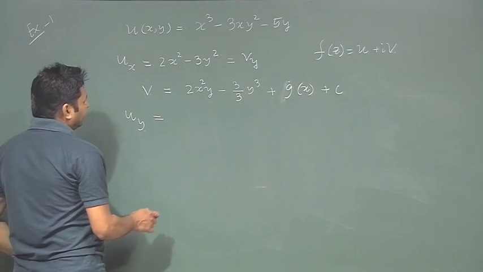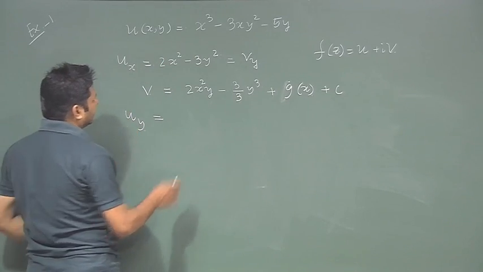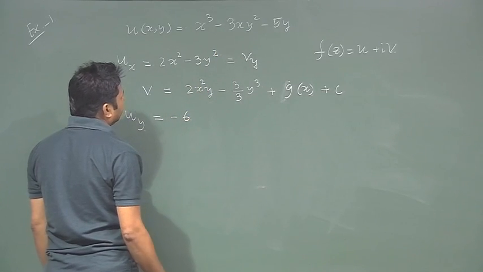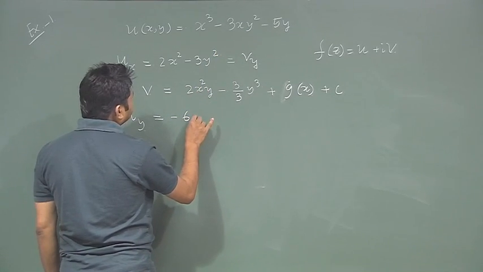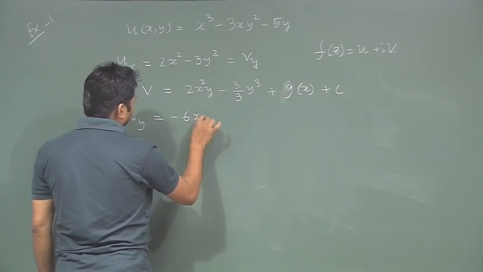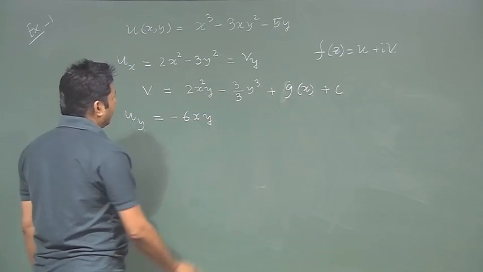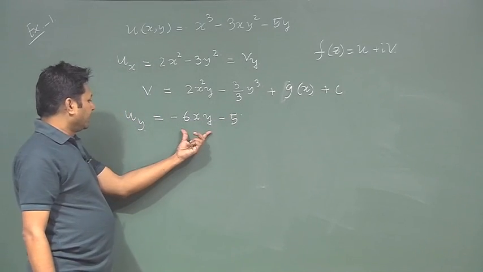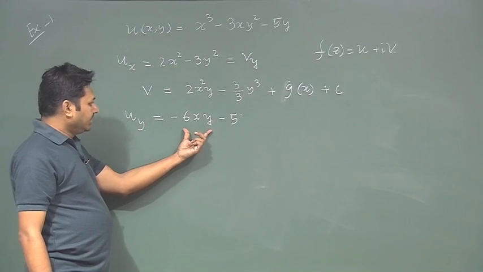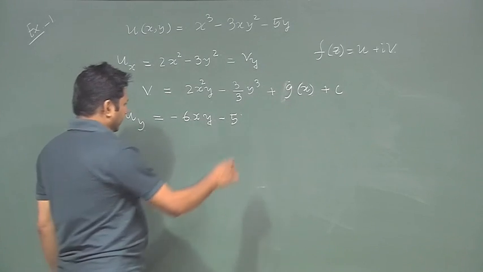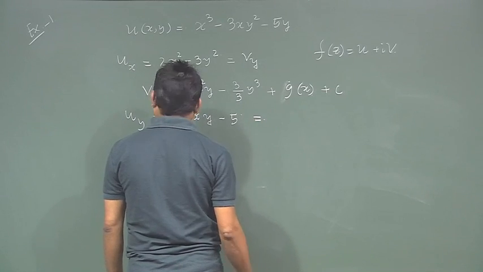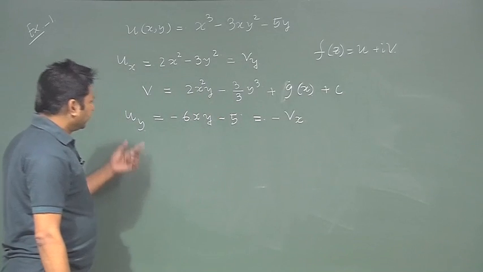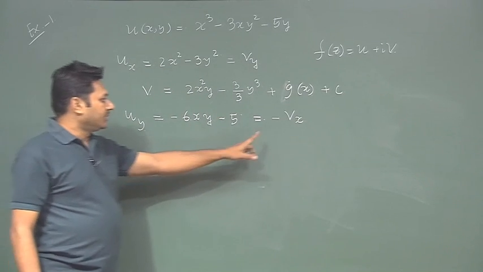So, if I do the derivative here, it will be minus 6xy minus 5, which is equal to minus vx.